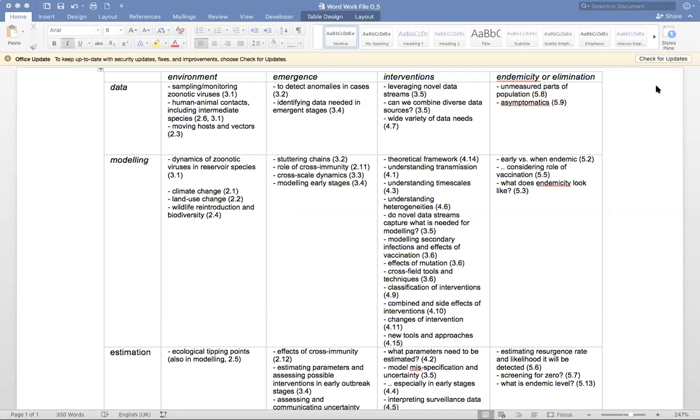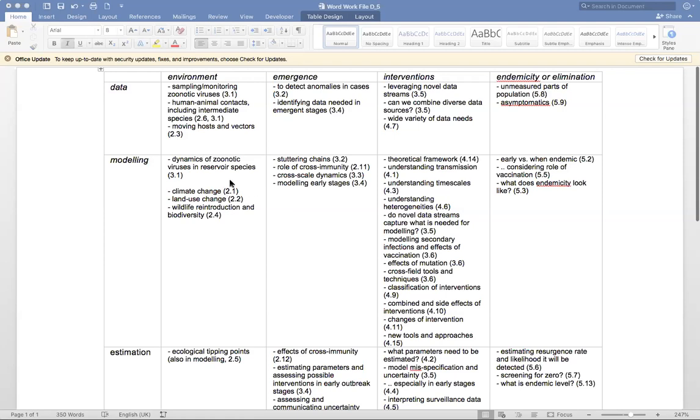Human, ecology, livestock interactions. That's in your list, on your table now, in the top left. It's got it under including human-animal contacts and intermediate species and stuff. So that's in there. So the next one is 2.7, I guess.